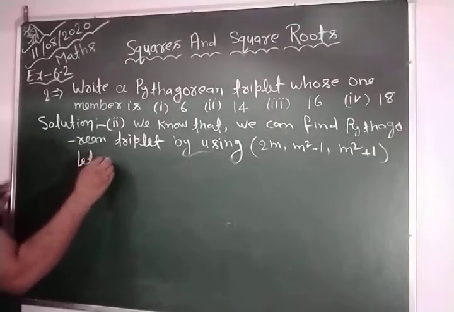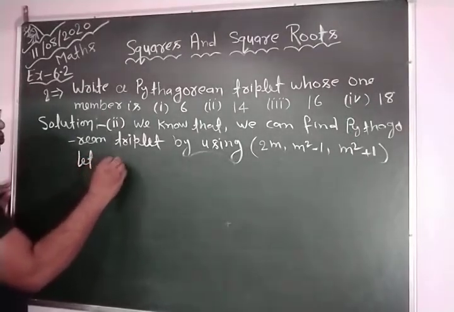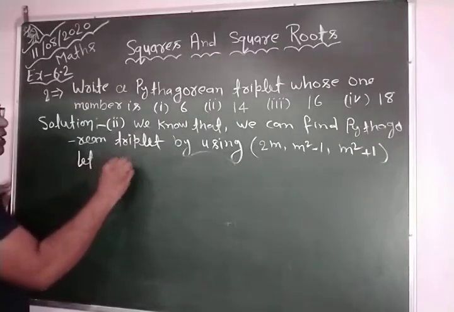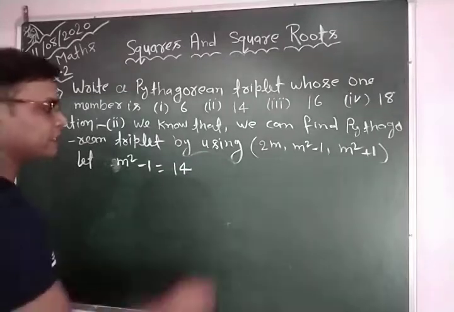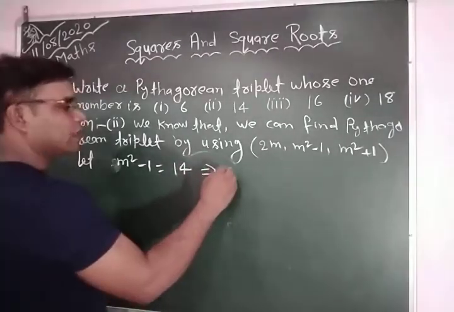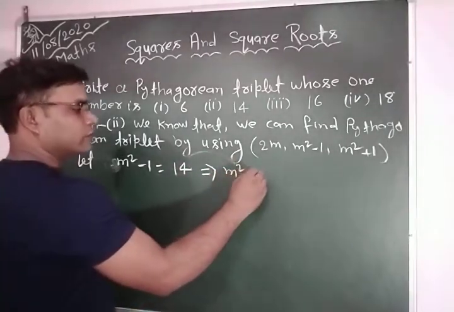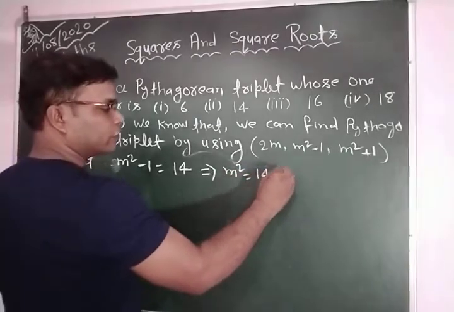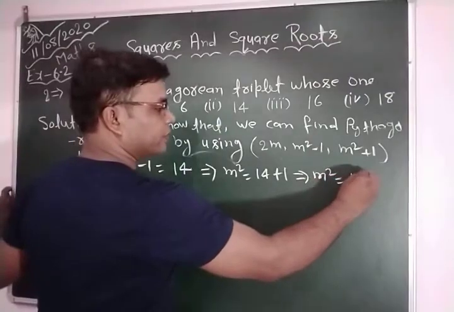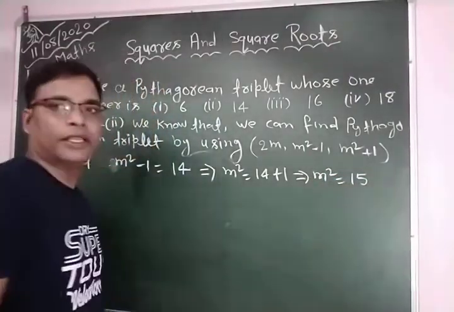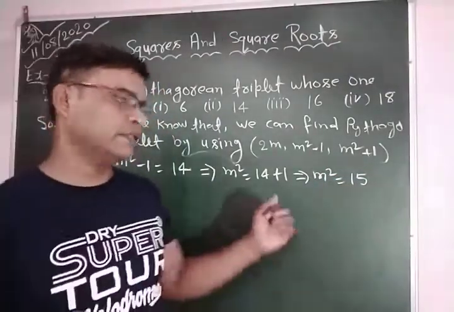Let m square minus 1 is equal to 14, okay. So this implies that m square is equal to 14 plus 1, or m square is equal to 15, okay.